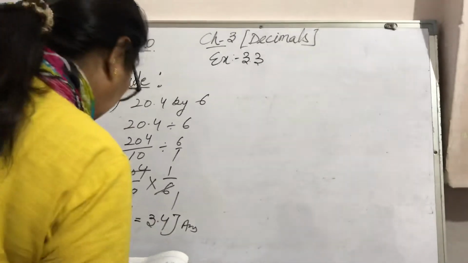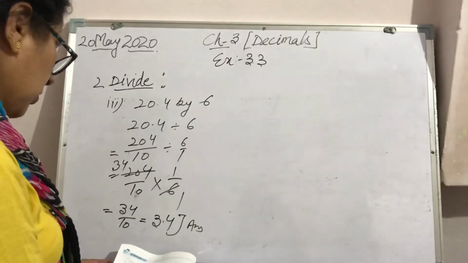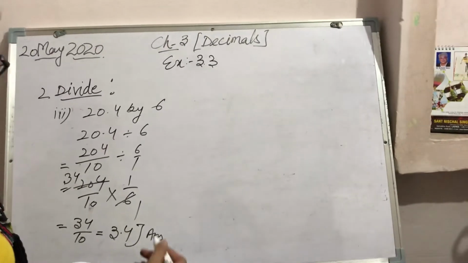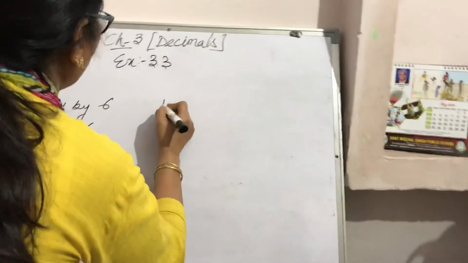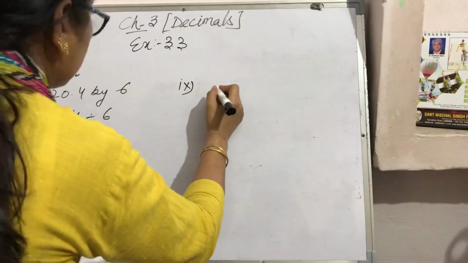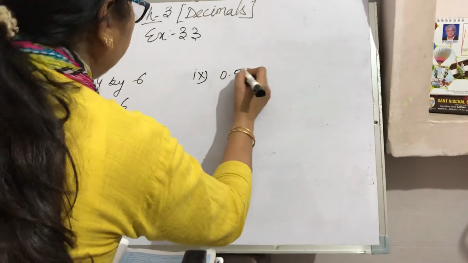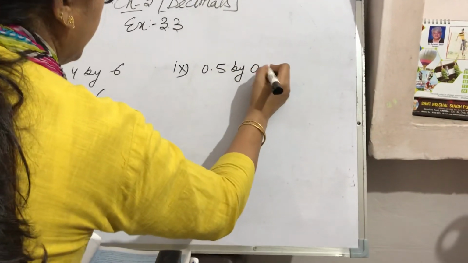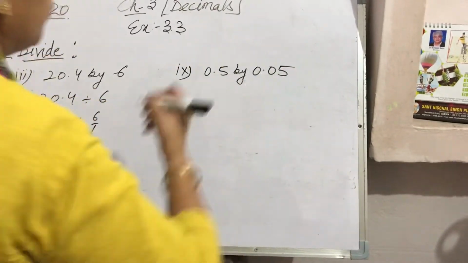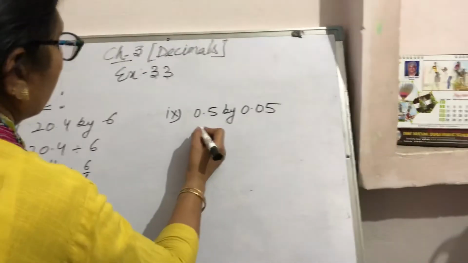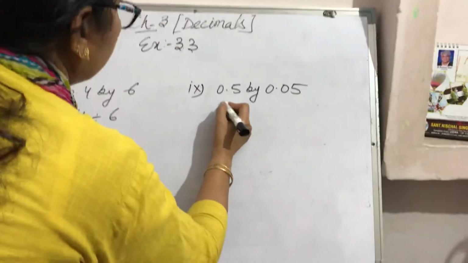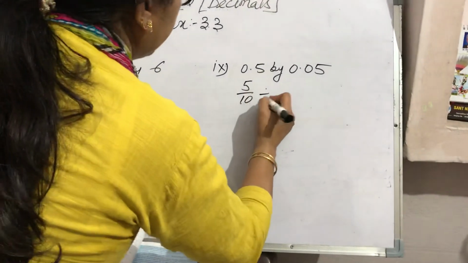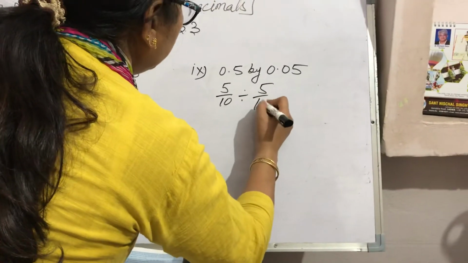Next, same as all the parts. So we are doing the 9th part of the same question: 0.5 divided by 0.05. Now remove the decimal: 5 by 10 divided by 5 upon 100.